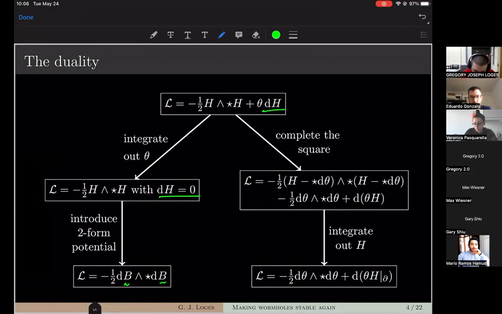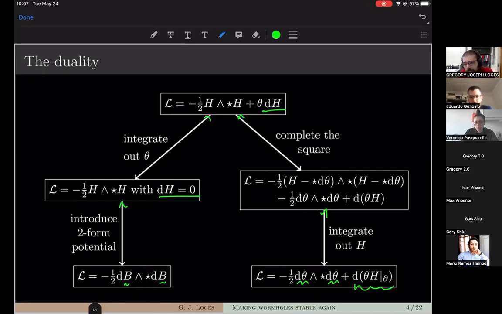On the other hand, if you start again at the top and complete the square, you can integrate out the 3-form first. And what you find is a theory for the scalar, which began its life as a Lagrange multiplier and suddenly becomes dynamical after getting rid of H. The thing that I want to emphasize is that in going through this duality, of course, all these arrows go both ways.